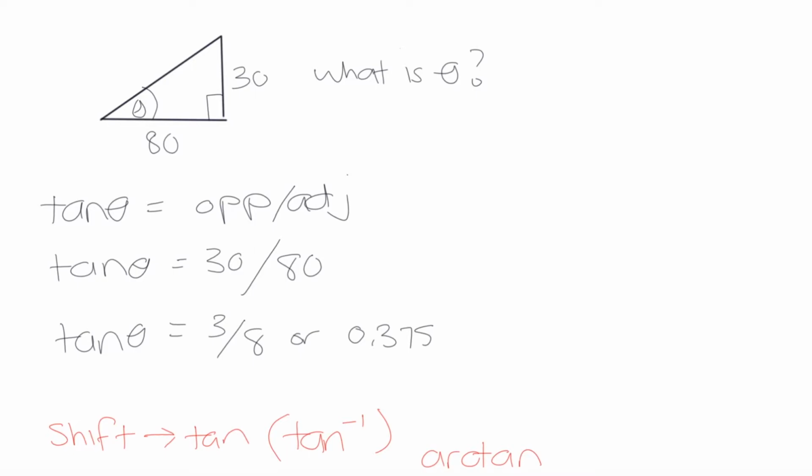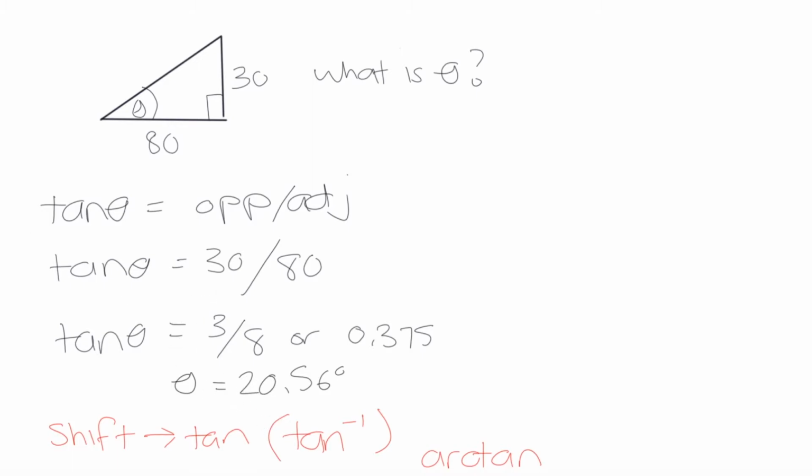And if you do that in your calculator, or if you're using a computer, you can type in arctan 0.375 and it should give you the answer, which is that theta is equal to 20.56 degrees. So that is going to be how you figure out a value for theta if you are given that tan theta is equal to a certain number. And this is true for sine and cosine as well.